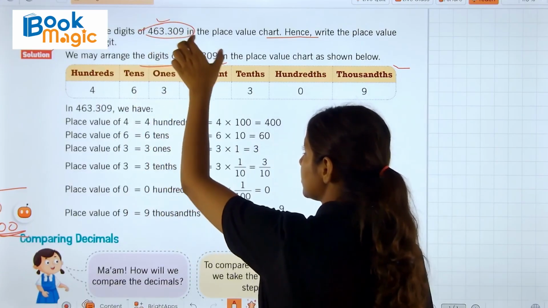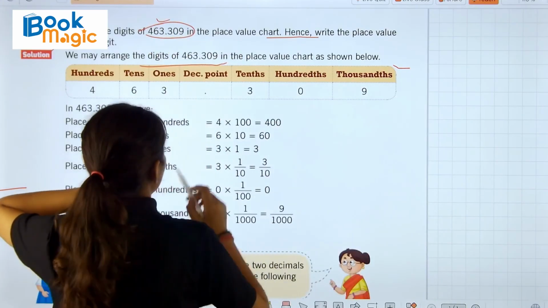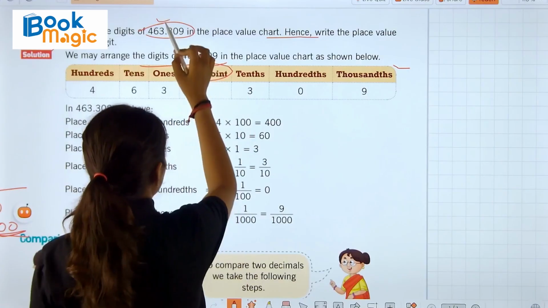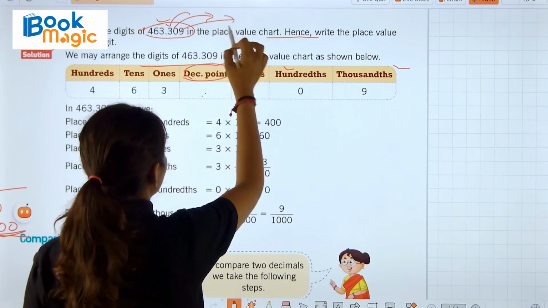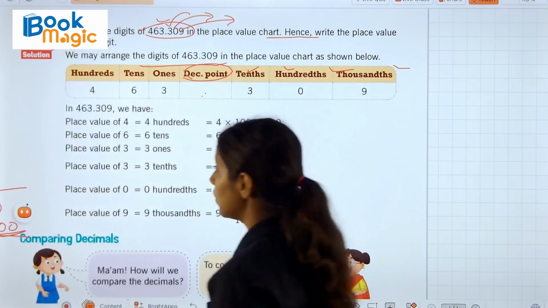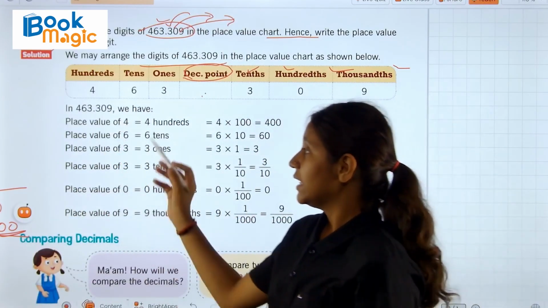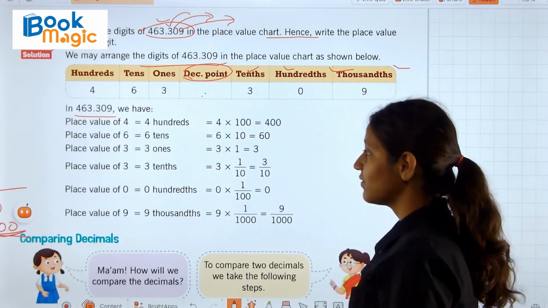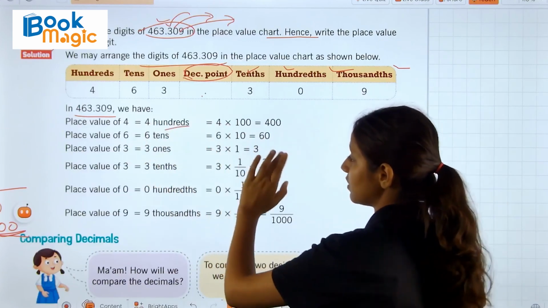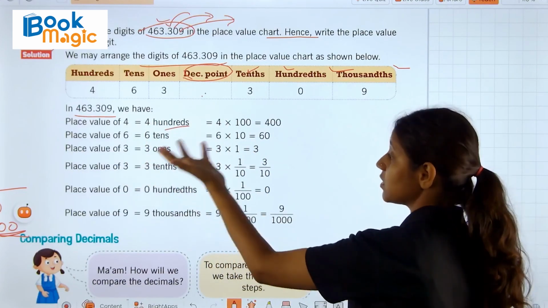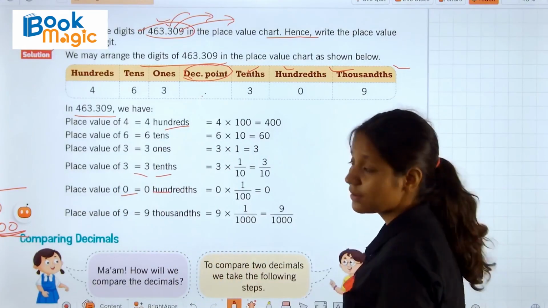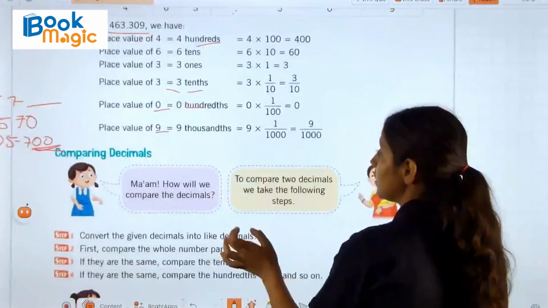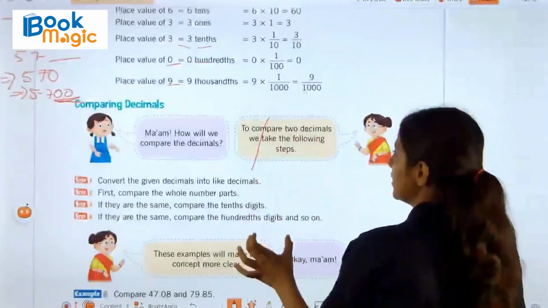Now 309 is a separate entity after the decimal point. Then 3 is at the tenths place, 0 is at the hundredths place, and 9 is at the thousandths place. Now in 463.309 we have 4 hundreds, 6 tens, 3 ones, and this 3 is 3 tenths, 0 is 0 hundredths, and 9 is 9 thousandths, that is 9 by 1000.